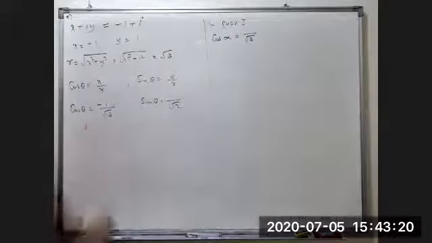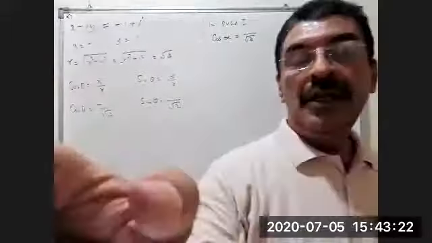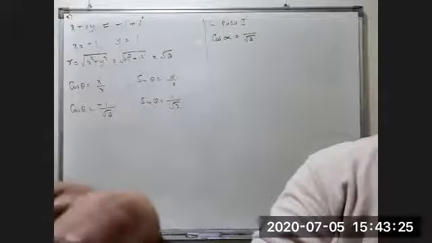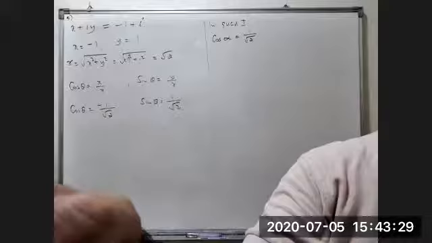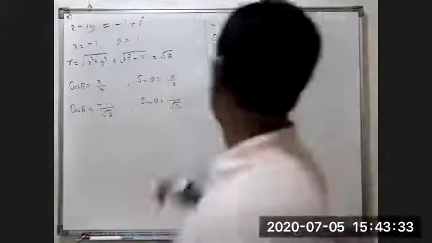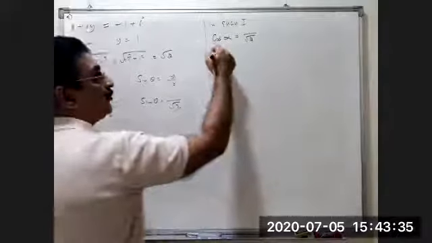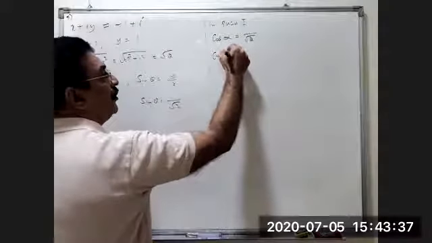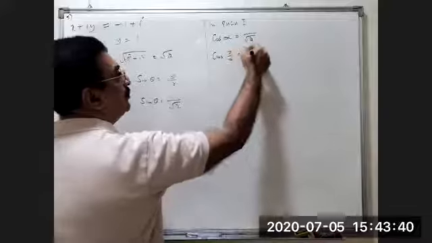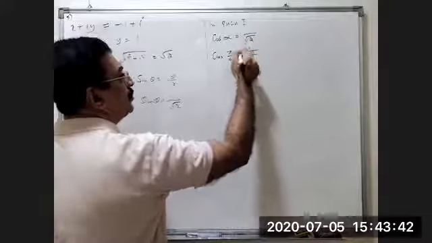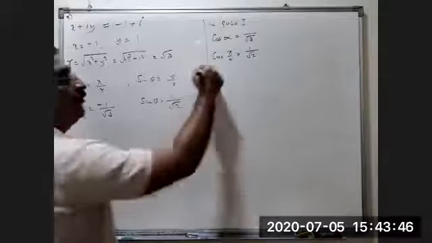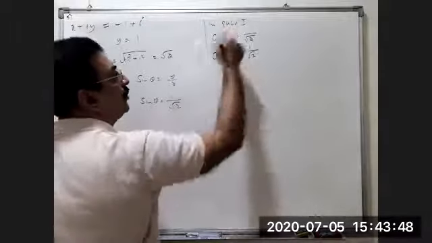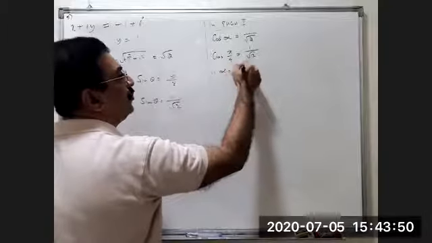In quadrant 1, we take the positive value. Now think, cos of which angle gives 1 by root 2? That you write in radian measure. Cos of which angle? Cos 45. So instead of 45, we use pi by 4. Cos pi by 4 is 1 by root 2. Therefore, alpha is pi by 4.